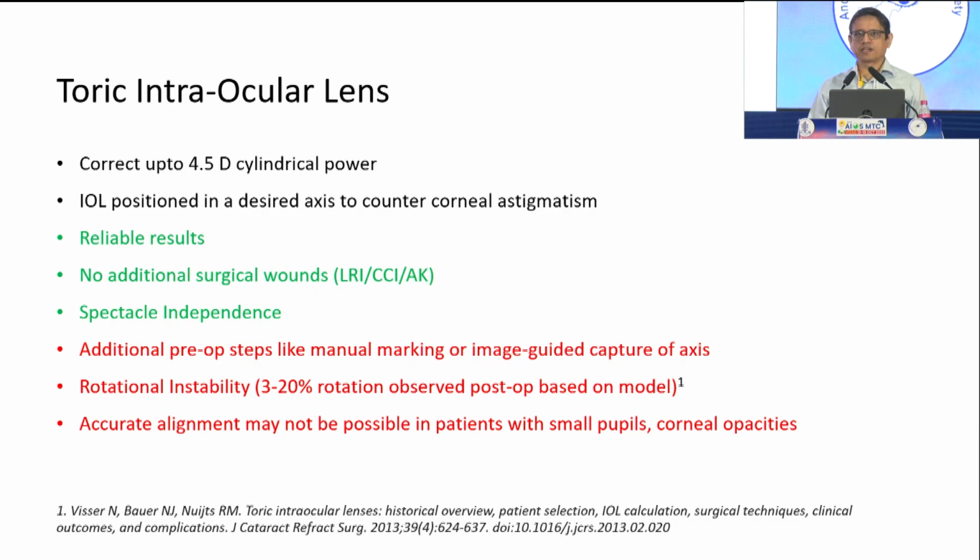Then there is always a risk of rotational instability, especially in the initial period. Some patients may require rotation of the lens in the postoperative period. Then there is a logistical challenge also, that in some patients with very small pupils, BPH, or corneal opacities, you may not be able to accurately place the toric IOLs, and surgeons may be wary of putting toric IOLs in such patients.